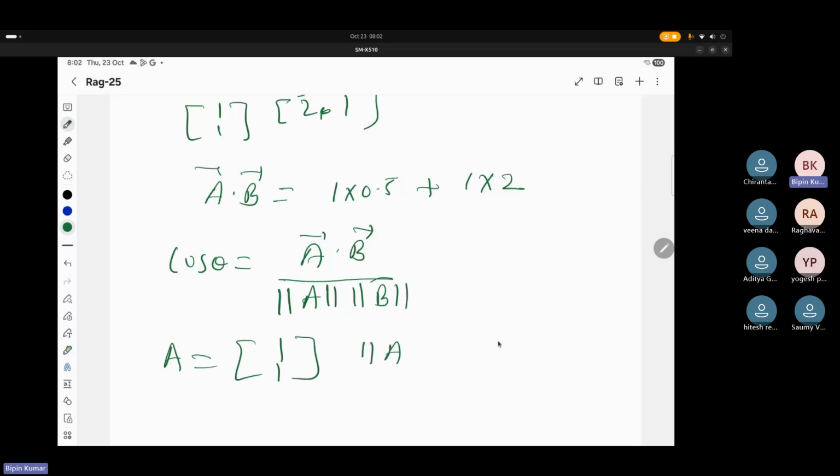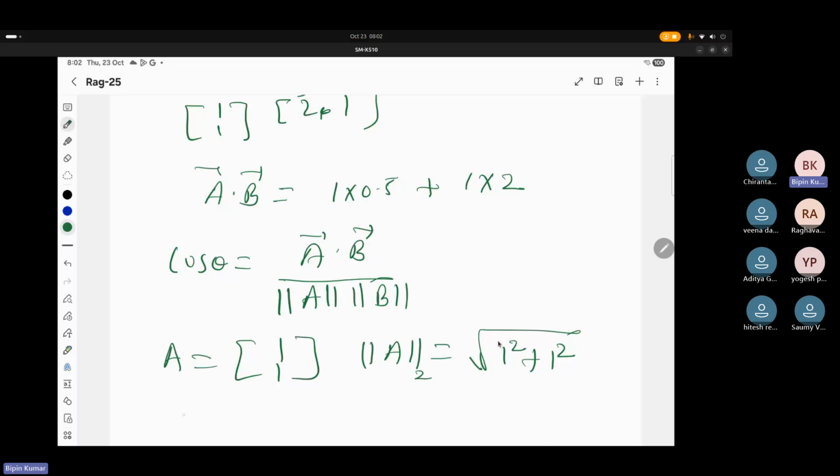If you have to find the norm, these two lines are basically saying norm. By default it is a 2. So the norm of a will be the square root of 1 square plus 1 square.